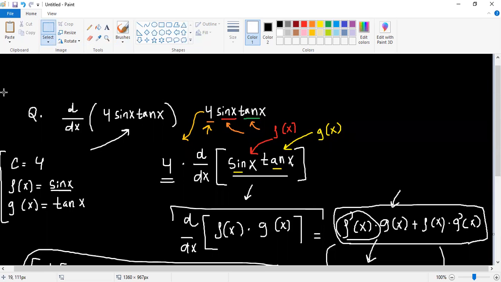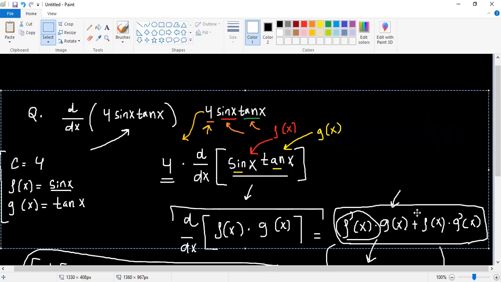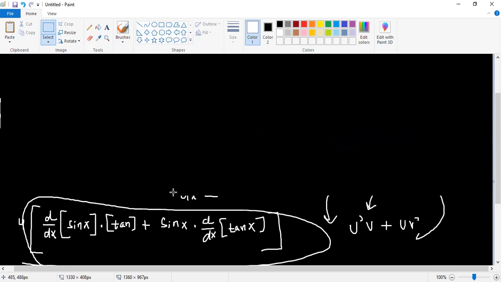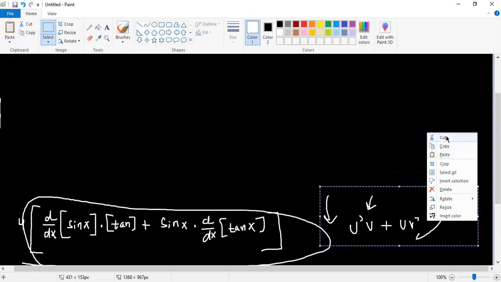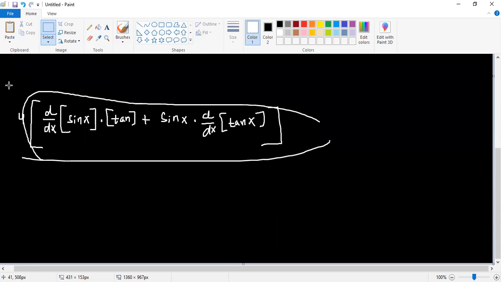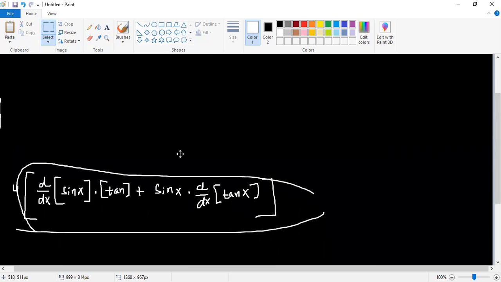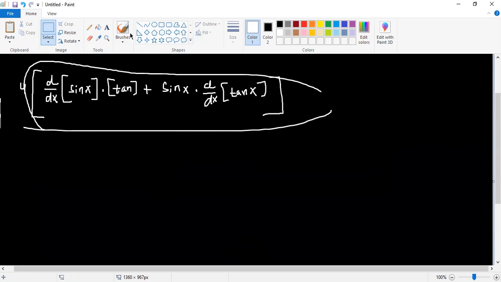So let me actually clear the board here so that we actually have some space to work with. But this would be our initial starting point, our foundation, if you will, for actually beginning to compute the problem to some extent. So first we have a 4 out here, and then we find the derivative of sine of x.